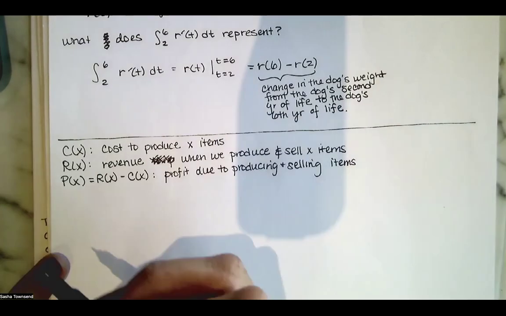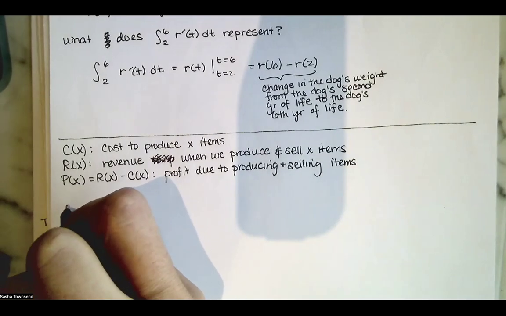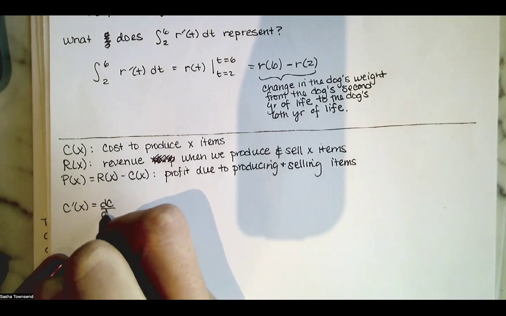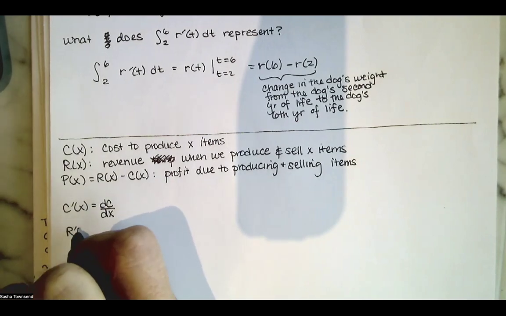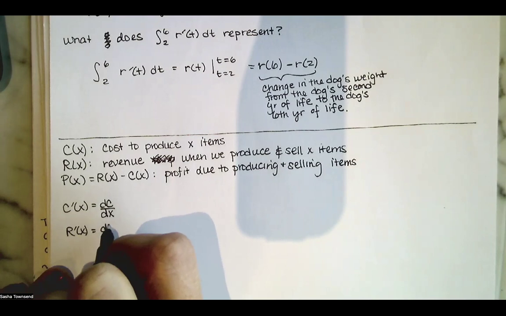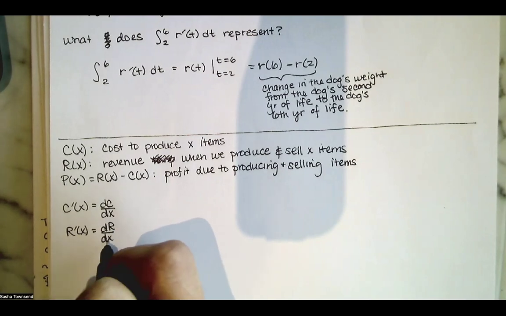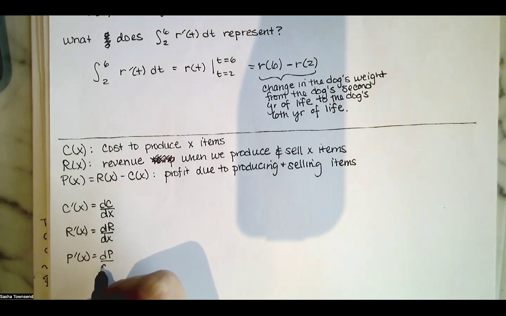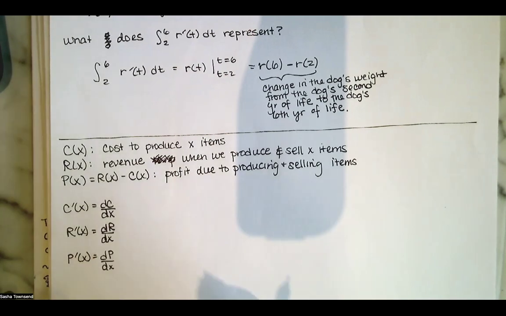In those business applications, C prime of X or dC dx, R prime of X, which can be denoted dR dx, and P prime of X, which is dP dx, represent marginal cost, revenue, and profit.